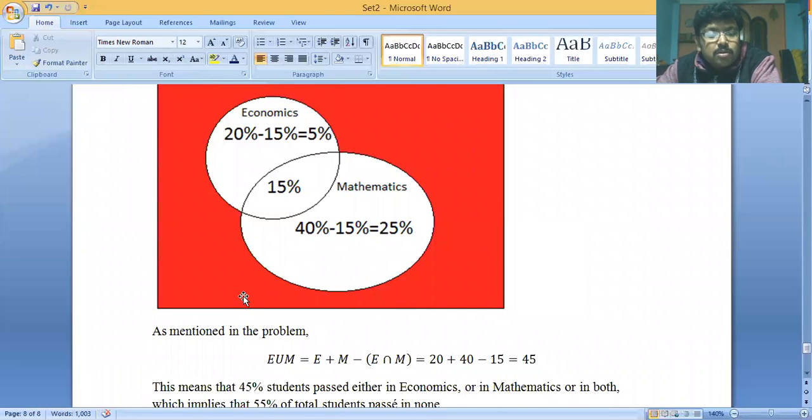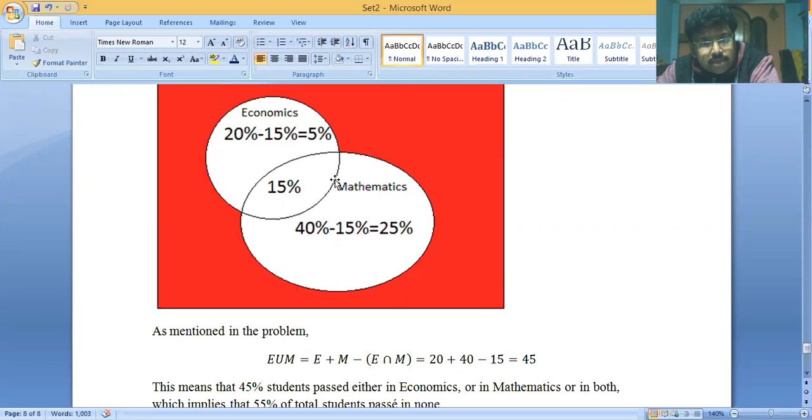If you have a closer look at this Venn diagram, you can find very easily that only in economics there is 5% of students who have passed, and only in mathematics there is 25%.